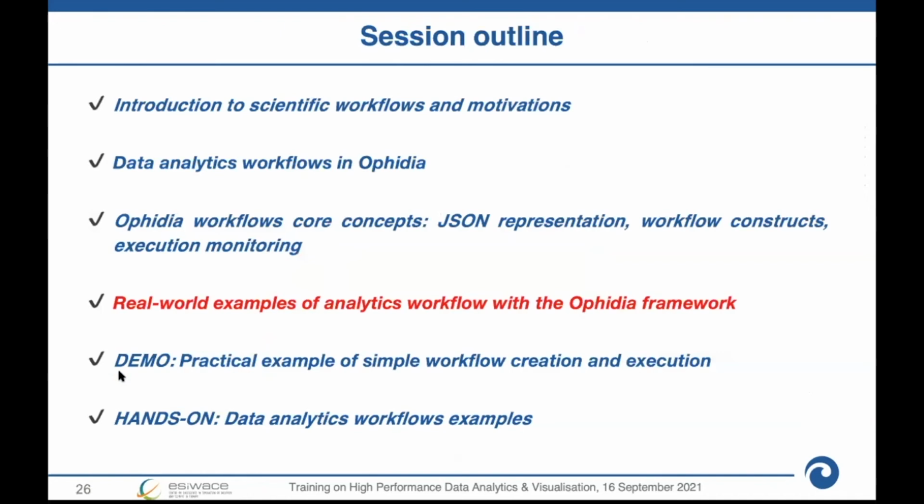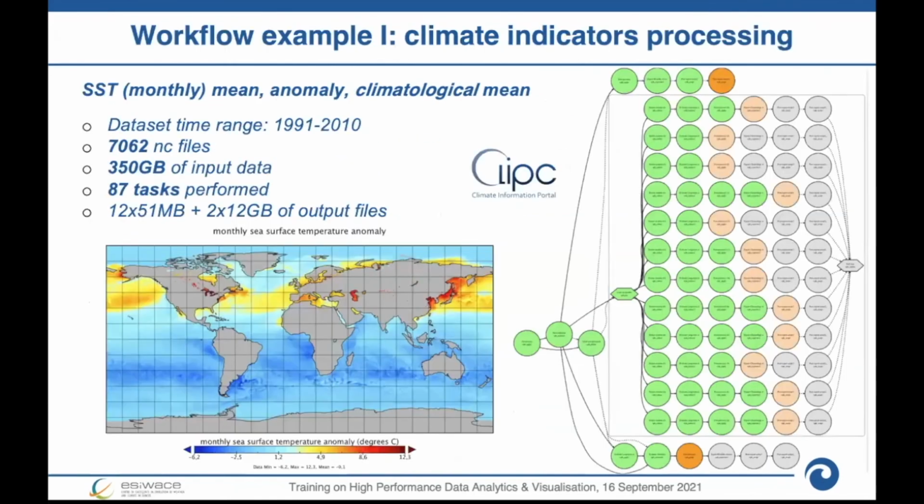So I would like to show some of these real-world analytic use cases that we implemented with Ophidia as workflows. The first one is a workflow implemented in the scope of the Eclipse project some years ago. A single workflow was defined to model 3 different indicators within a single analysis document: a monthly average, the anomaly of the monthly average, and the climatological monthly average.